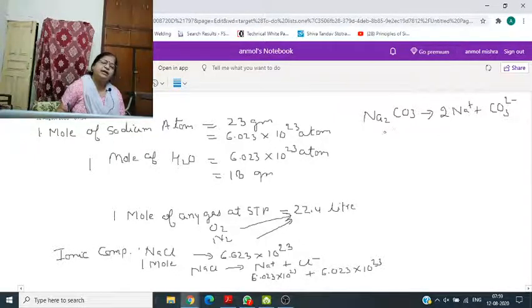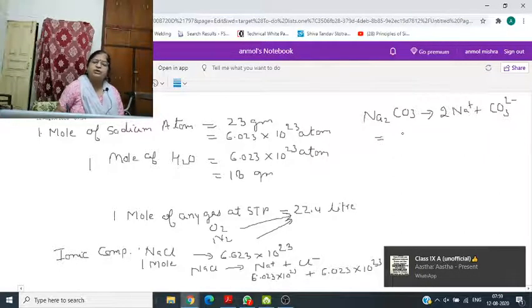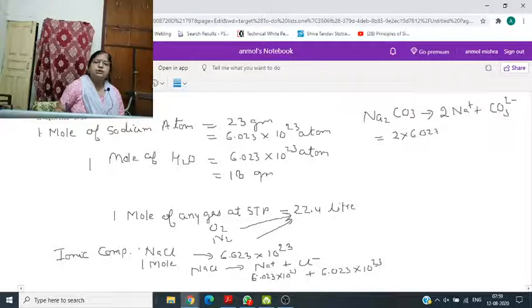So while finding out the number of moles of atoms or molecules, whatever it may be, we will write down 2 into 6.023 into 10 to the power 23 plus 1 into 6.023 into 10 to the power 23.